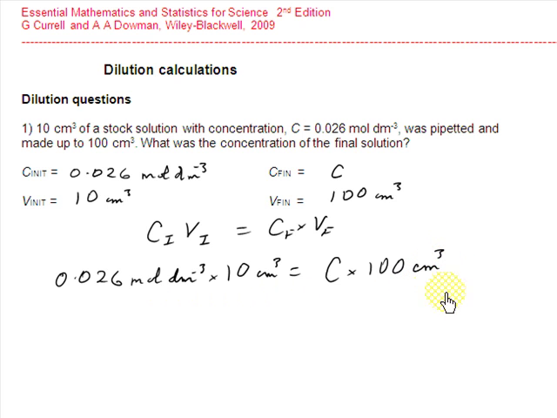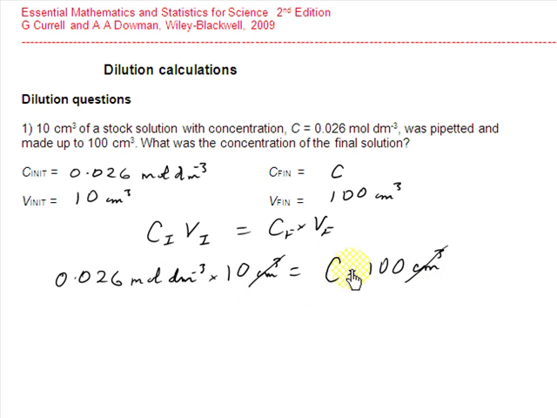We have to be careful about what units we're using, but in this equation we have the same units for volume on each side, so we can cancel those units left and right.